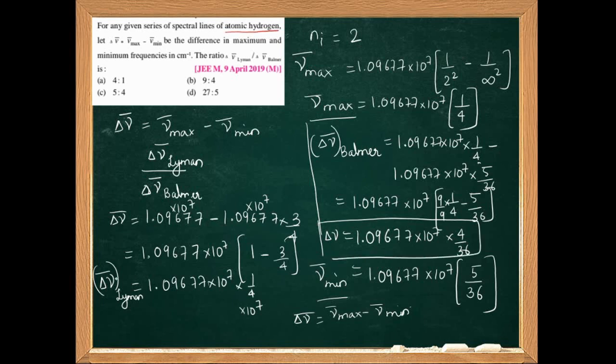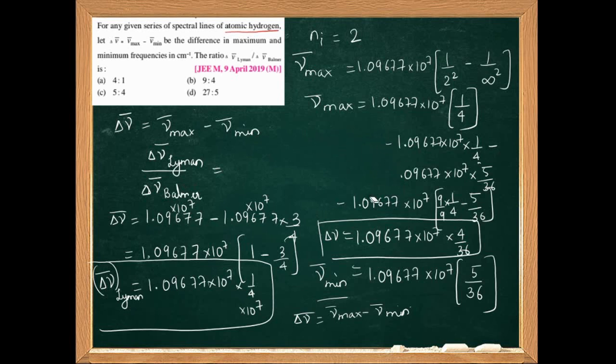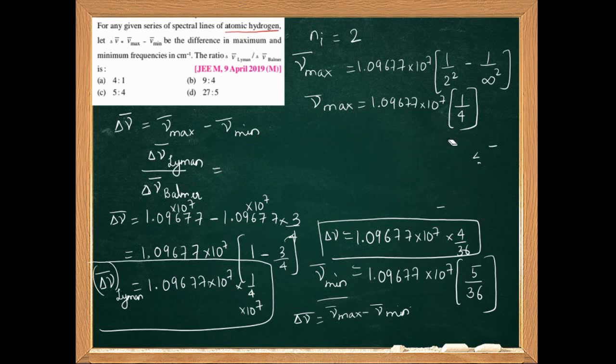Okay, so these are the two equations. Now I have to take a ratio of these two equations: delta nu of Lyman upon delta nu of Balmer.